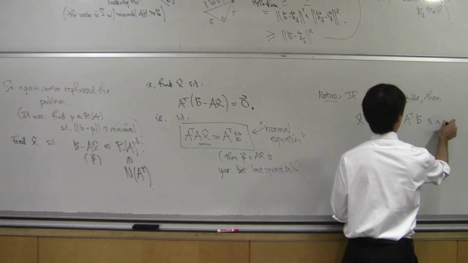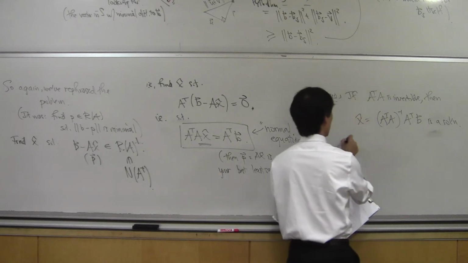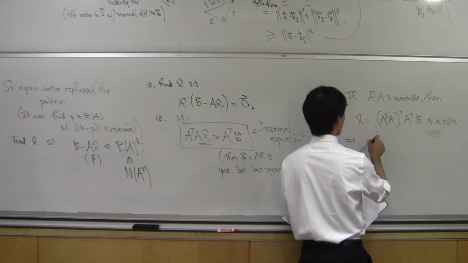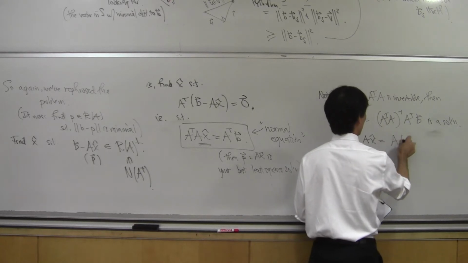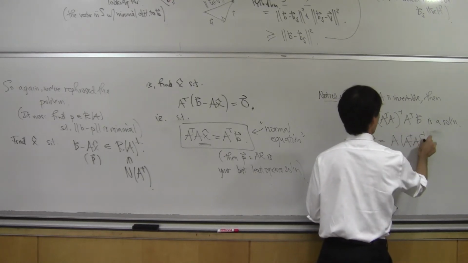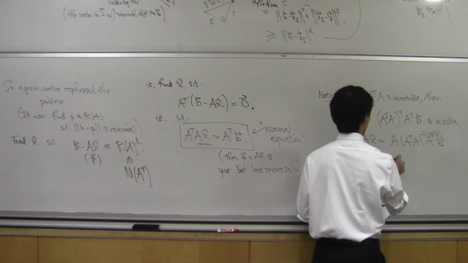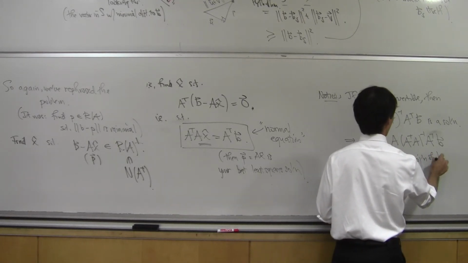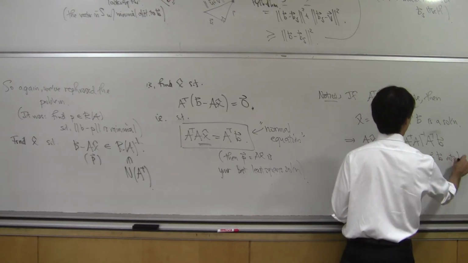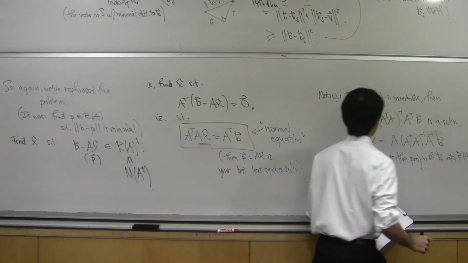That is a solution, and then A x hat equals A (A^T A) inverse A^T b, which is the projection of b onto the range of A.